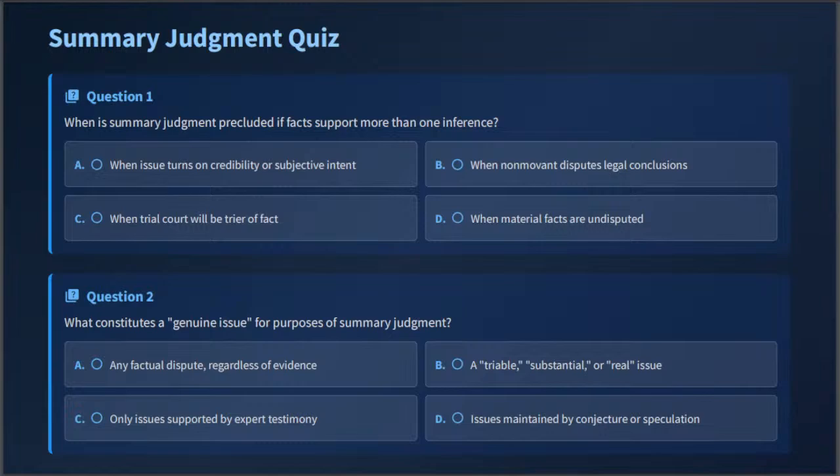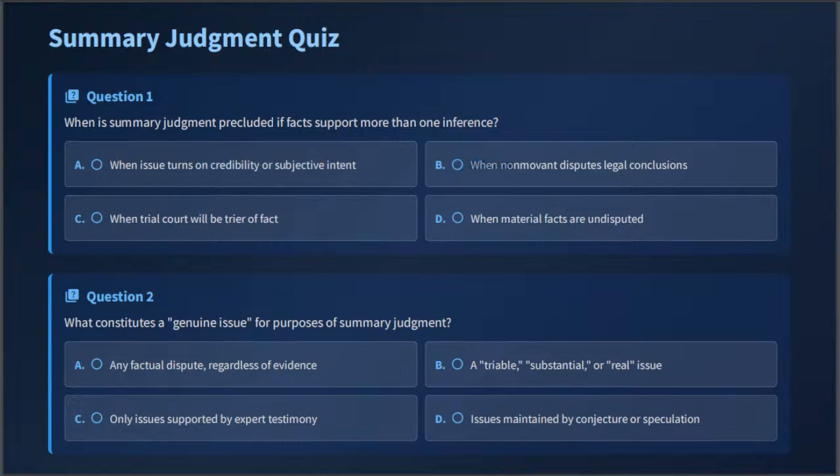So for question 1, when is summary judgment precluded if facts support more than one inference? When is it precluded? When is it made impossible? A, when issue turns on credibility or subjective intent.